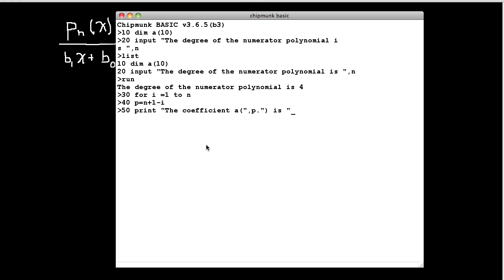Okay, so here's what it's going to do. It's going to print the words, the coefficient A, open parentheses. Then it's going to print the value of P. I want to put a comma here. Okay, so let me back up there.